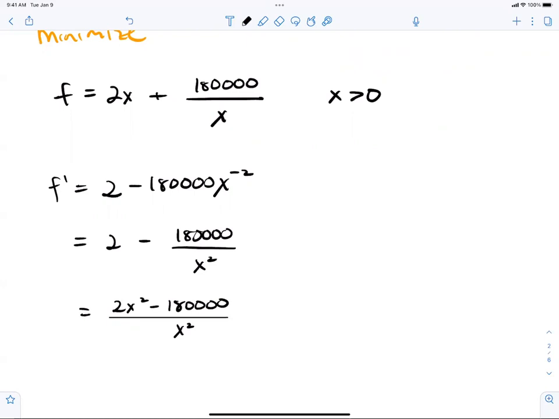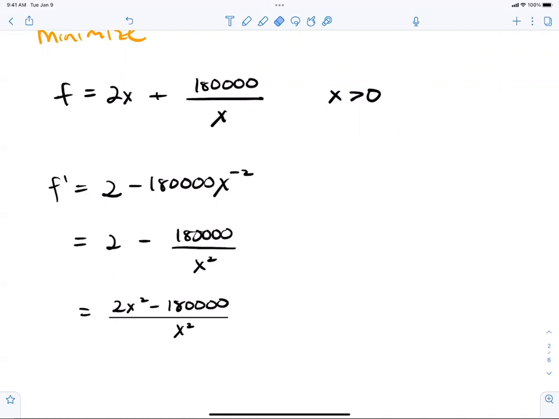The reason that I am doing this is because from the first derivative, we are trying to identify the critical numbers for the function F. Critical numbers, remember, occur wherever F prime is equal to 0 or where F prime is undefined, as long as those x values are in the domain.